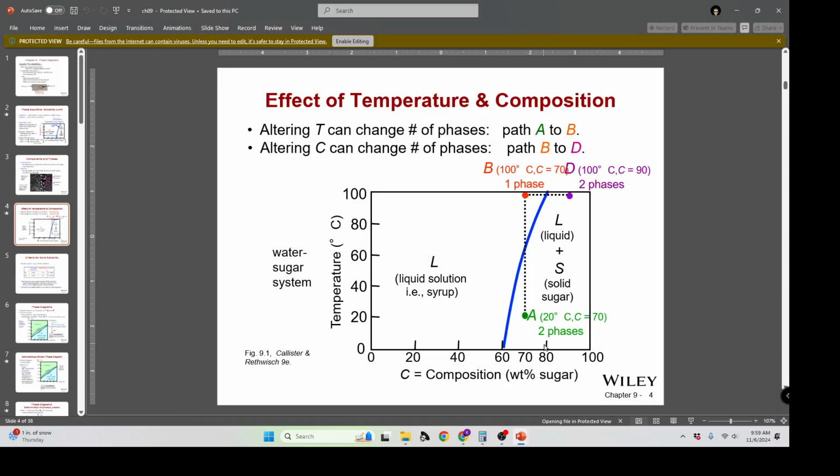So you start at a 70% concentration. As you heat it, you cross the phase boundary again, so it becomes all liquid. Then as you add more of the sugar, so increase the weight composition, you end up crossing the phase boundary again at that elevated temperature until all the sugar can't continue to be dissolved.